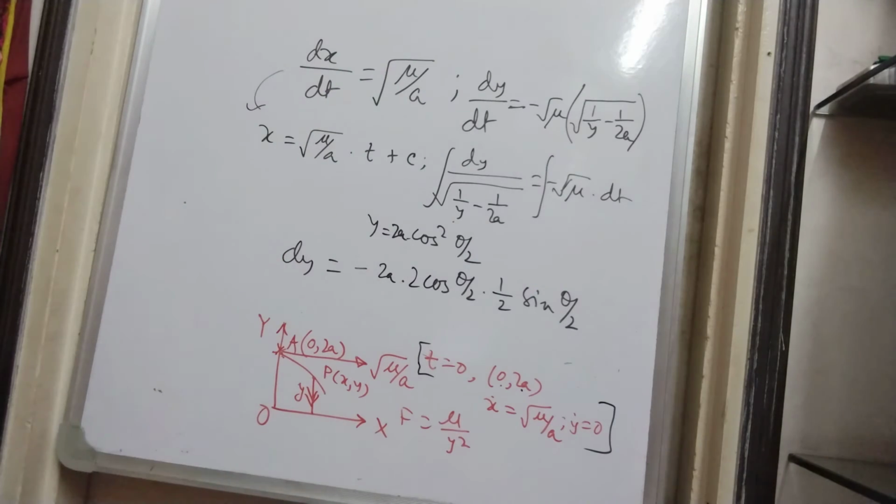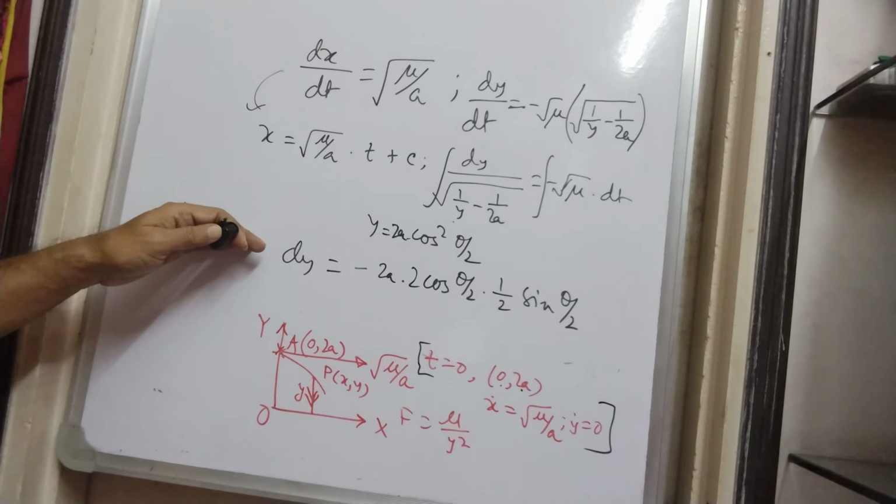So if we cancel, the sin theta by 2 cancels out, and we have a part which you can easily integrate as cos square theta by 2 d theta, or 1 plus cos theta, and that turns out to be theta plus sin theta, isn't it so? I hope this is clear.